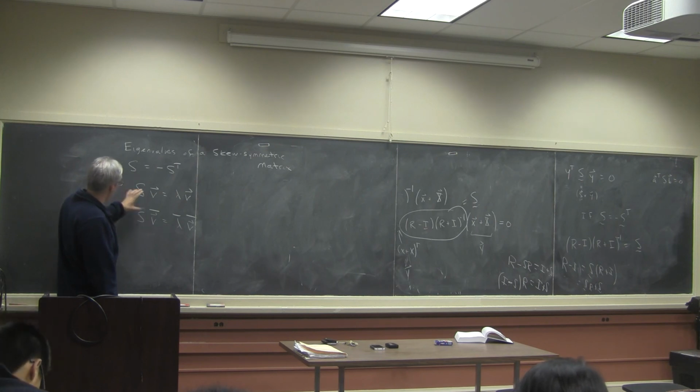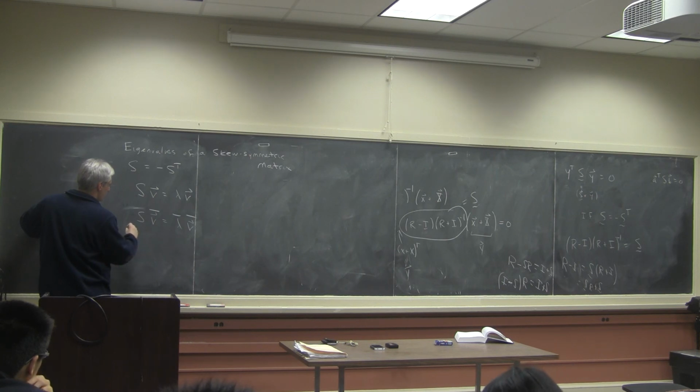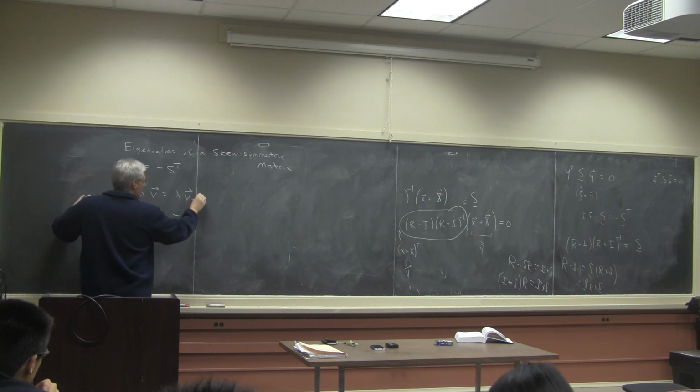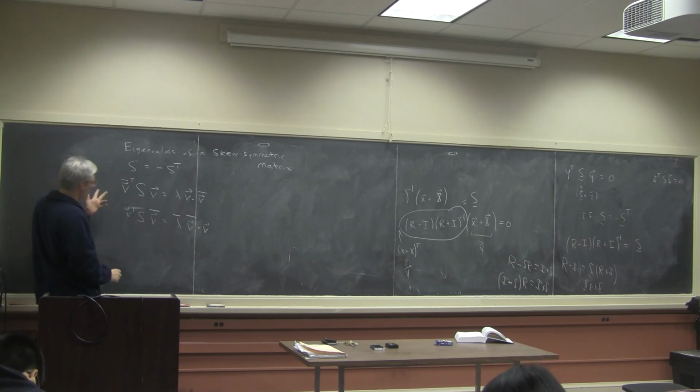If we take the dot product of this with itself, we may want to multiply this by V transpose and this by V complex conjugate transpose. And then we get this. And here it's skew symmetric.